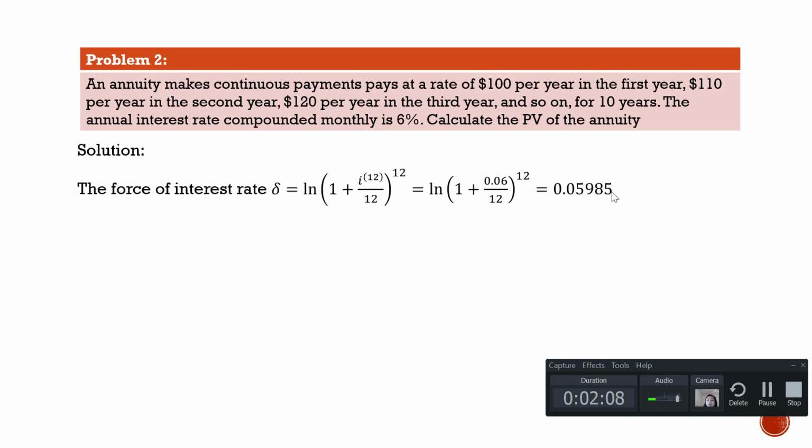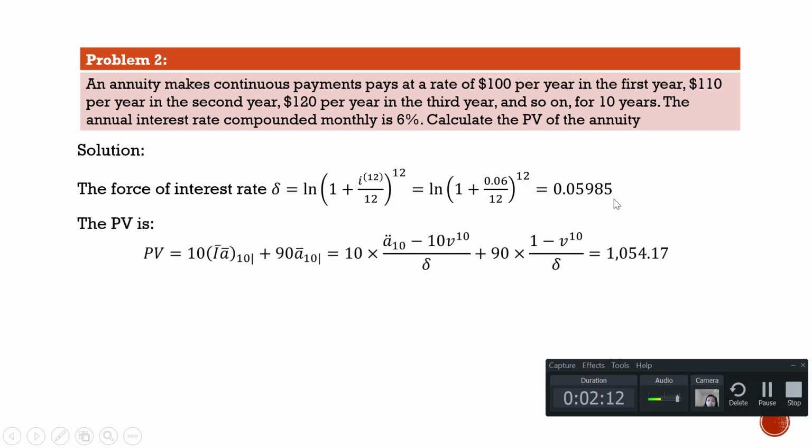The force of interest is 0.05985. The common difference is 10, and the first payment is 100, so we need 90 more. So 10 (I bar A bar)10 plus 90 A bar 10, and the answer is 1054.17.